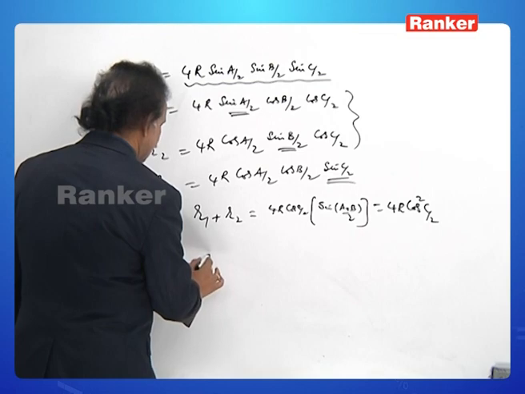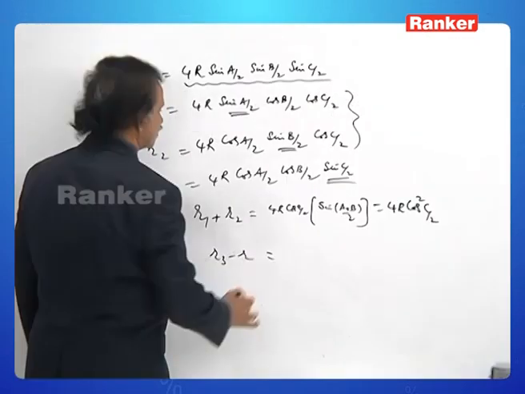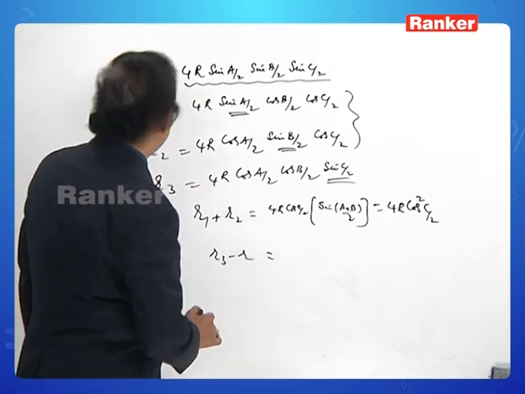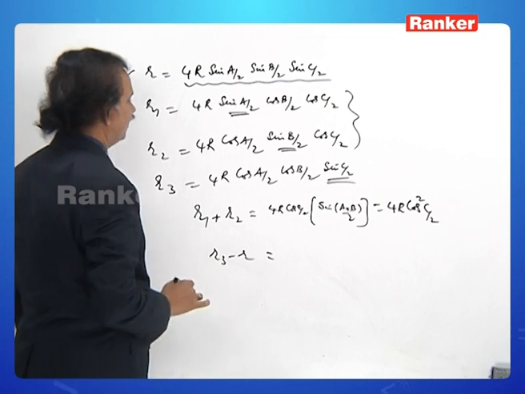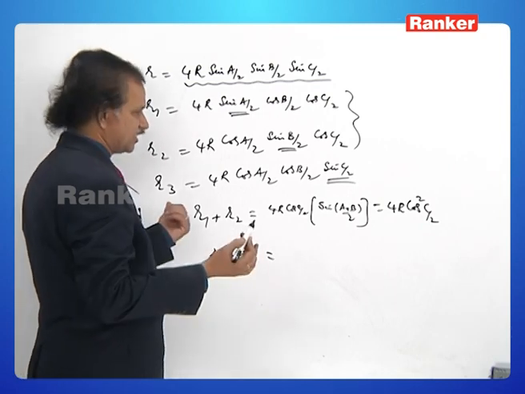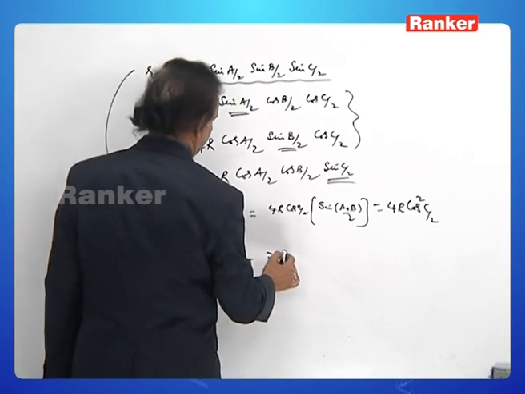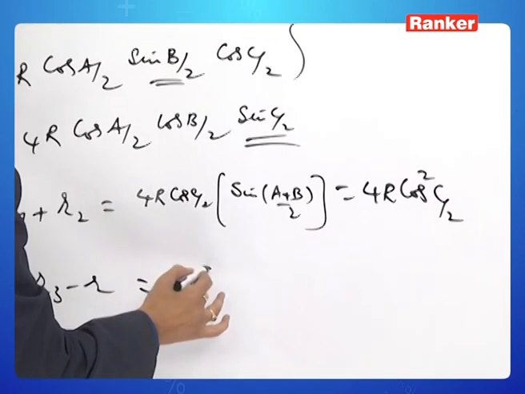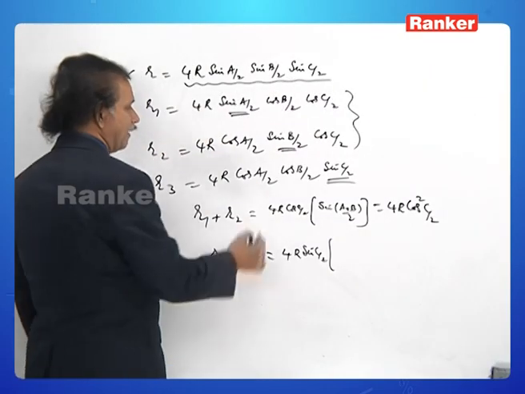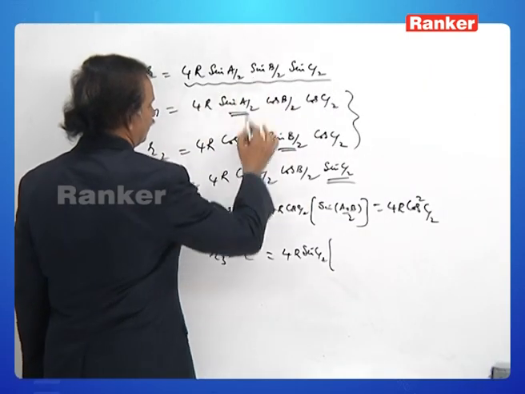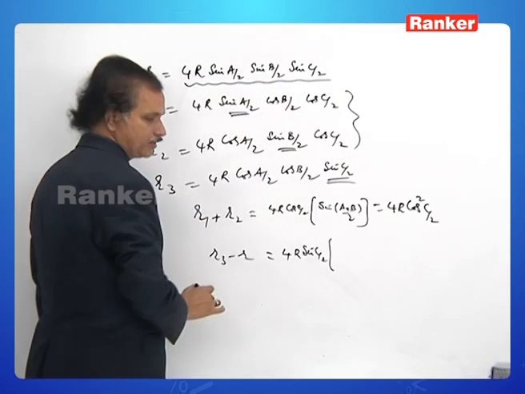Well done. Let us now take r3 minus r. What can you get as a common factor? 4R sin C by 2, into cos A by 2 cos B by 2 minus sin A by 2 sin B by 2.